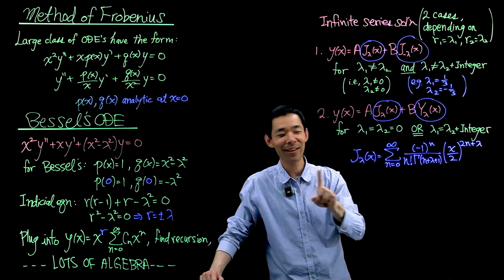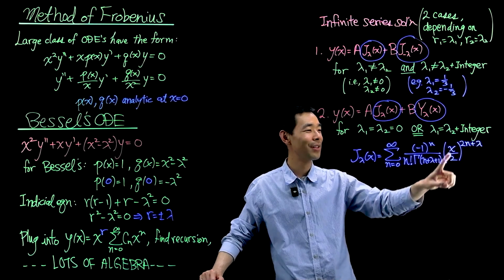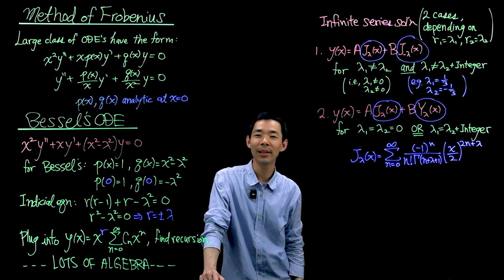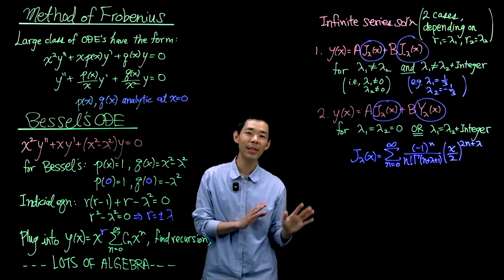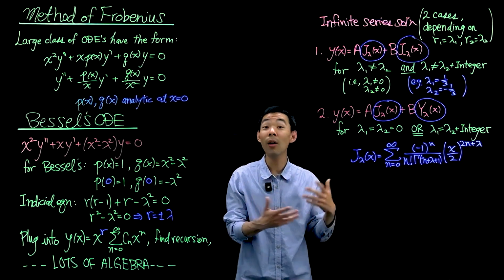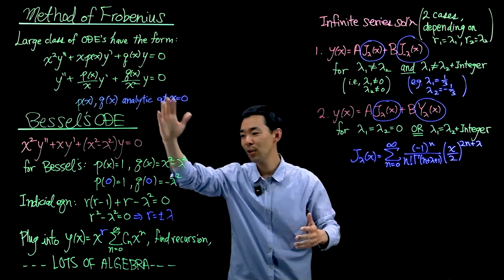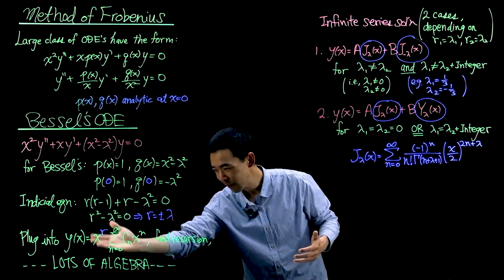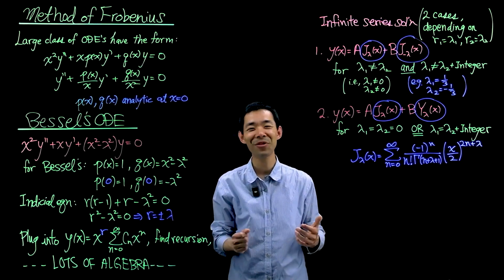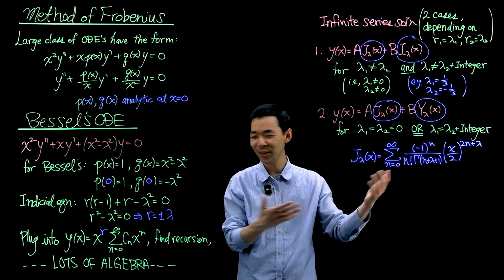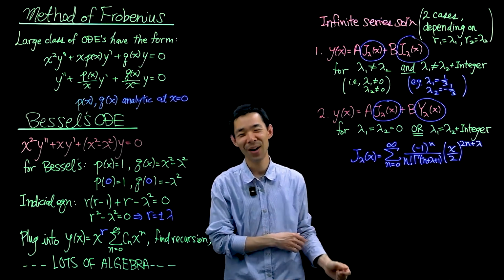The x functionality comes over here, x over 2 to the 2n plus lambda. So when you actually think about it, it's just another polynomial power series, just as you would expect, because you're going through this whole procedure. You're taking this polynomial summation, plugging in there, so of course you get a polynomial solution as your output.